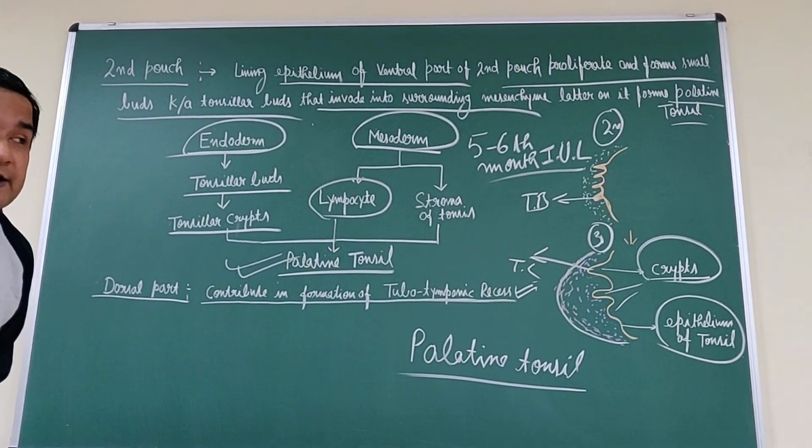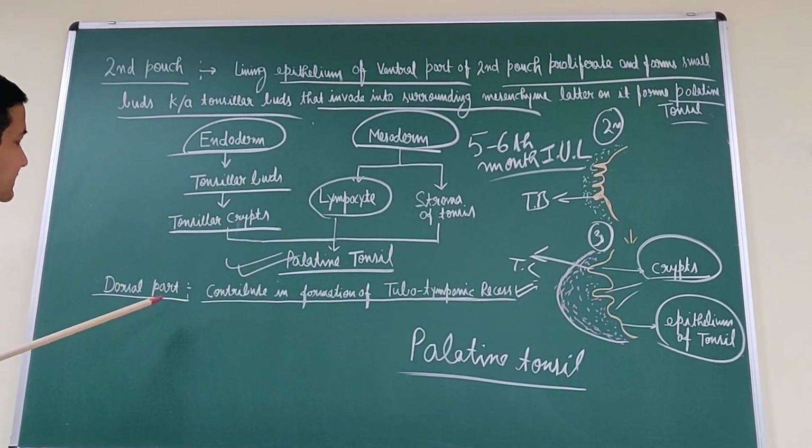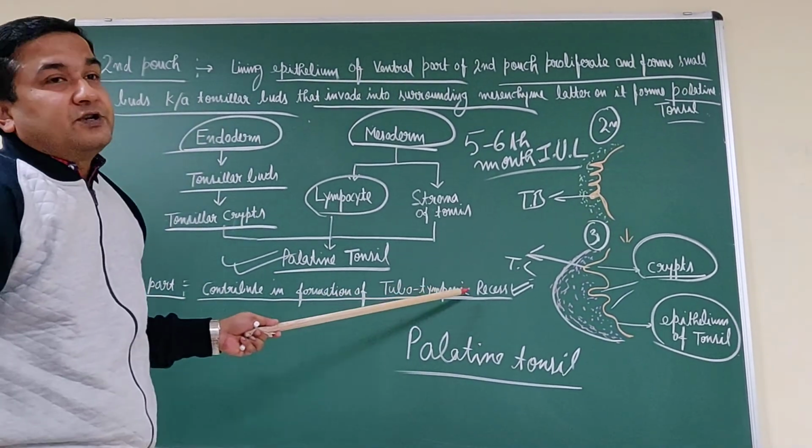So, in case of the second pharyngeal pouch, the ventral part forms the tonsils, while the dorsal part contributes to the formation of the tubotympanic recess.